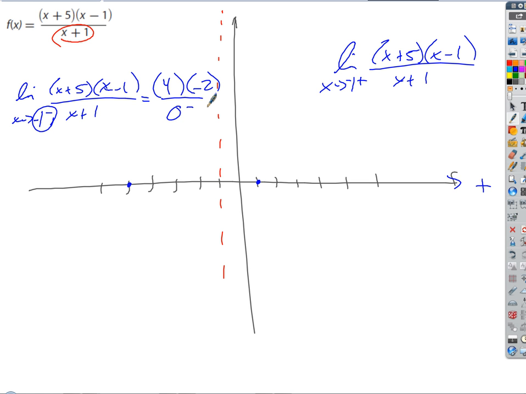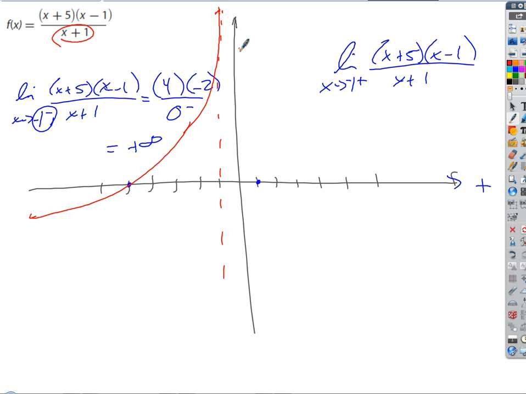Divided by negative is positive. So that means from the left, we're approaching positive infinity, right? So it's doing that kind of a thing. You get the idea? As we approach from the left, we know it has to go through that point, and it's going to stick to the asymptote going upwards.